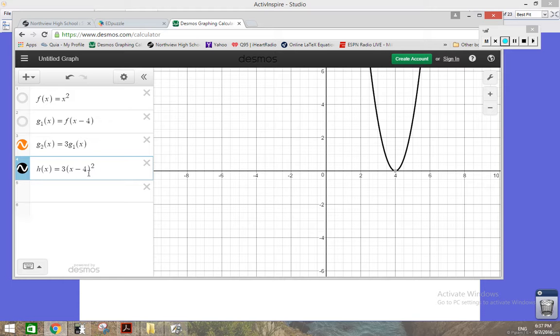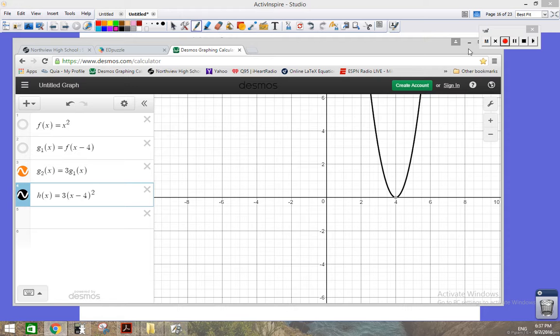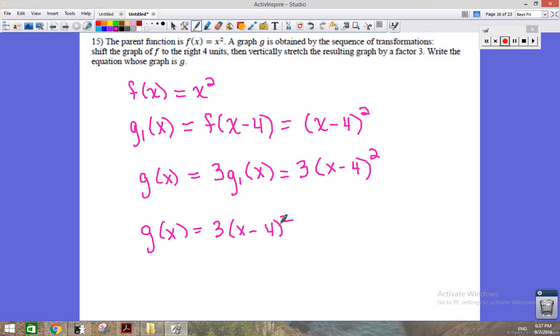I like it to be in this form. If I would take x minus 4 times x minus 4 and write that as x squared minus 8x plus 16, I need this to be in vertex form. I need this to be in that form to be able to see these transformations. So that's my final answer for problem number 15. Sorry about that sign error. It's to the right, so that should be negative.